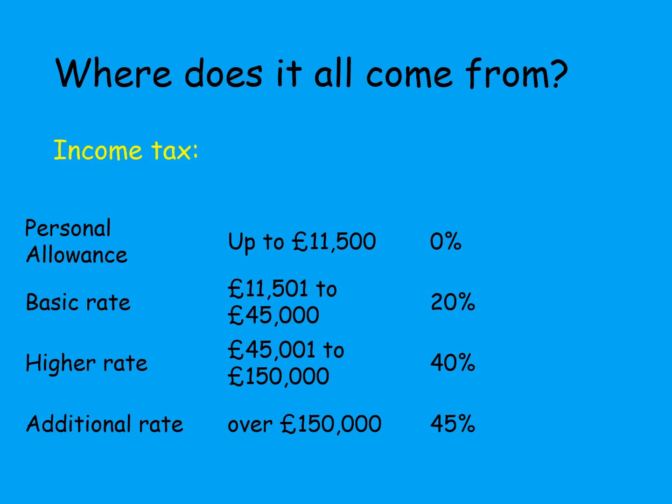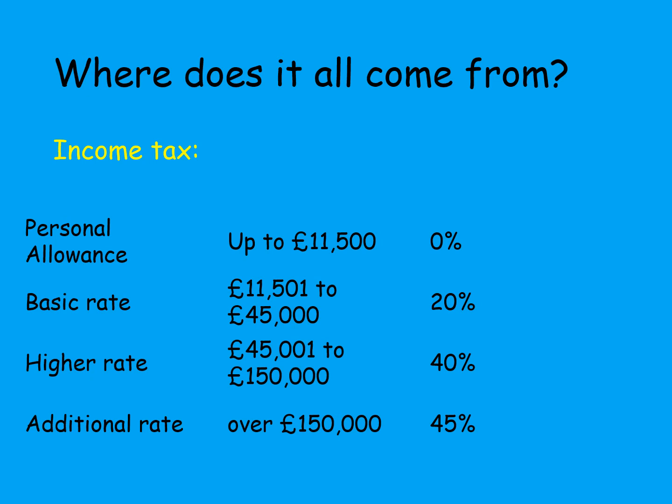The next one is income tax, and this is the real big one. Again, this is the other form of direct tax. So your first direct tax is national insurance, your second direct tax is income tax. And again, this never ever enters your bank. This goes straight from your employers to the government. And income tax depends on how much you earn again.